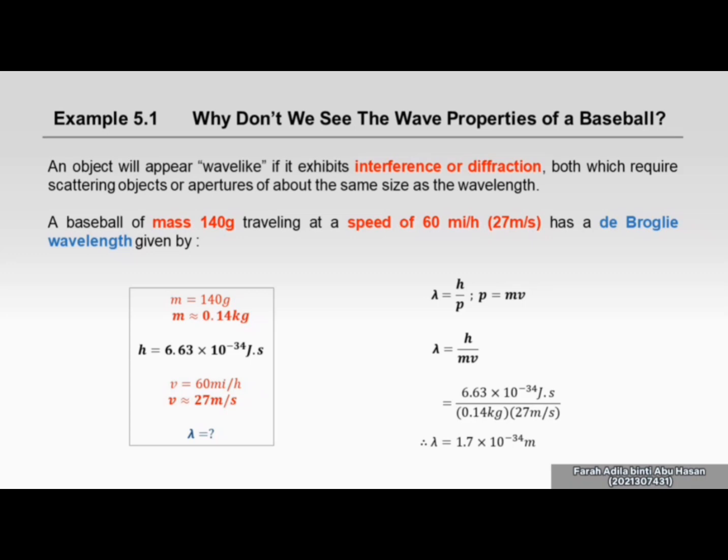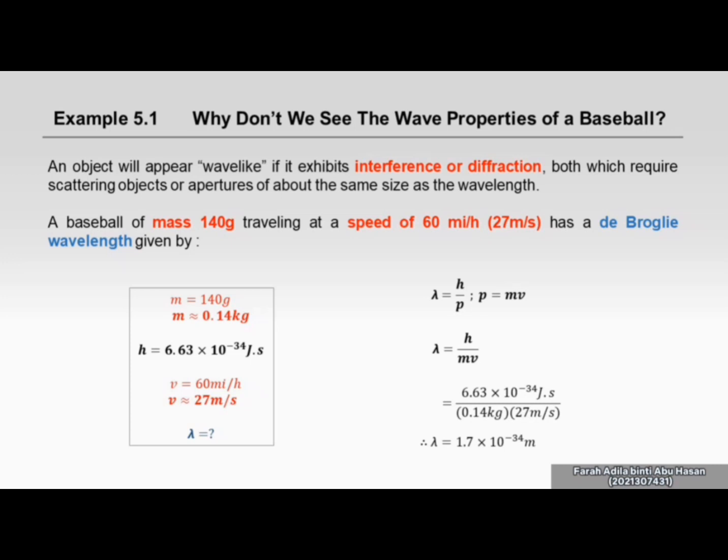The formula for the de Broglie wavelength is the Planck constant over momentum. As we know, the formula for momentum is mass times velocity. Therefore, we replace the p with mv and insert that into the formula. Then we get lambda, or wavelength, equal to the Planck constant over mv.